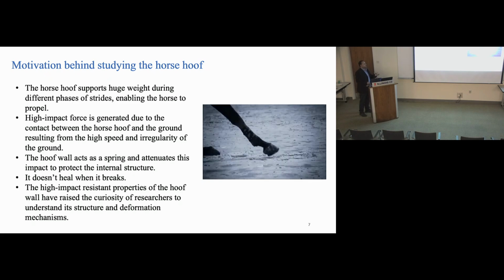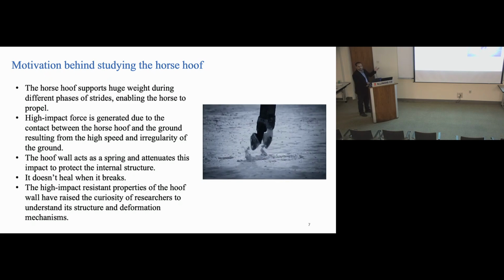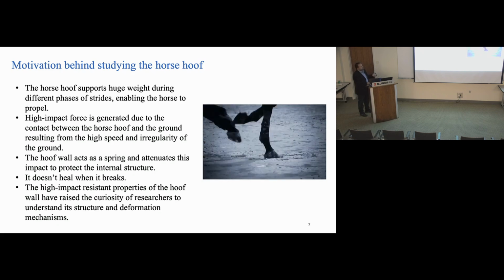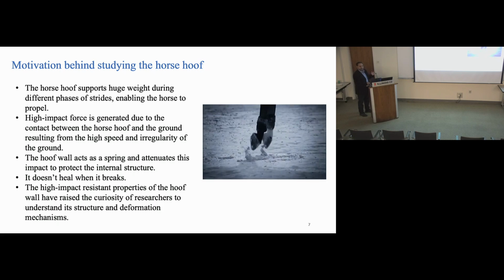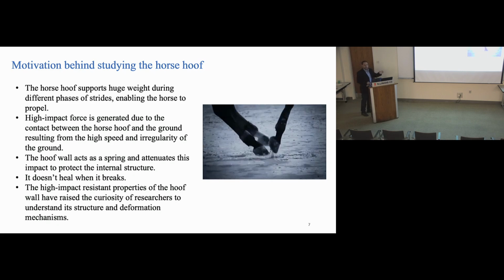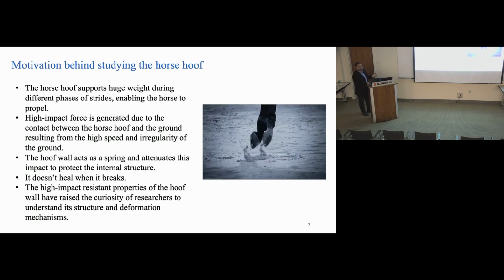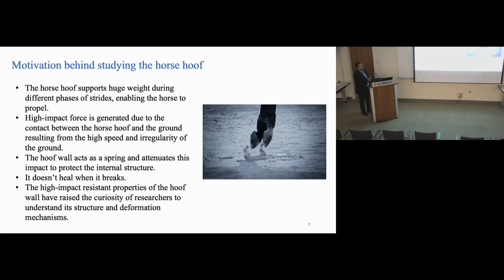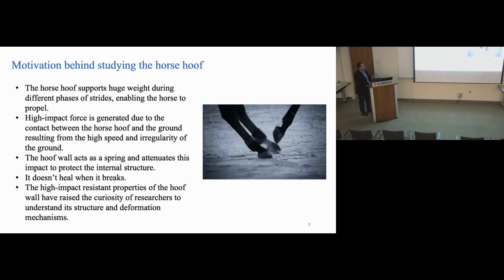So I'll give you an idea why we care a lot about horse hoof. If you tell anybody, like one of my professors, I told him I'm working with horse hoof. He said, what are you doing with horse hoof? So the motivation behind the horse hoof is that, as you know, the horse is almost half a ton and can jump and can walk on irregular earth shape, and the hoof is not breaking and can withstand this huge weight without any problem.